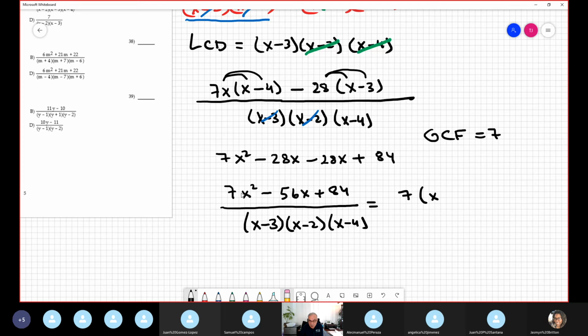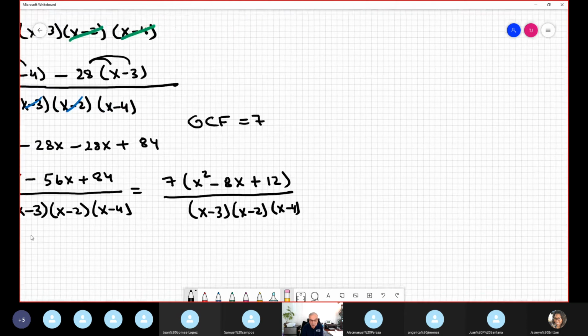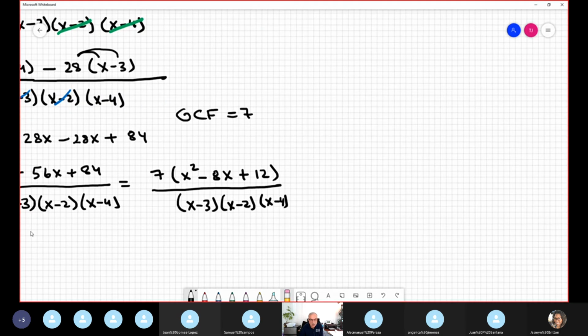We have x squared minus 8x plus 12 over x minus 3, x minus 2, and x minus 4. Can we cancel anything? Well, I think not, because I need to investigate what is going on in the trinomial on the top. The trinomial on the top is regular.